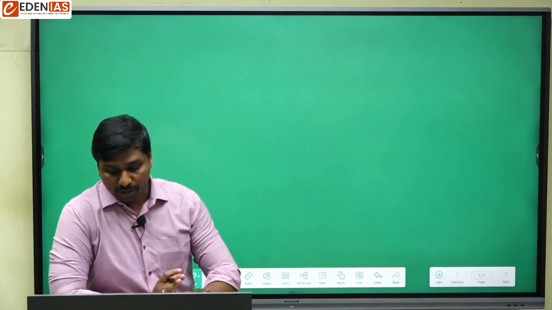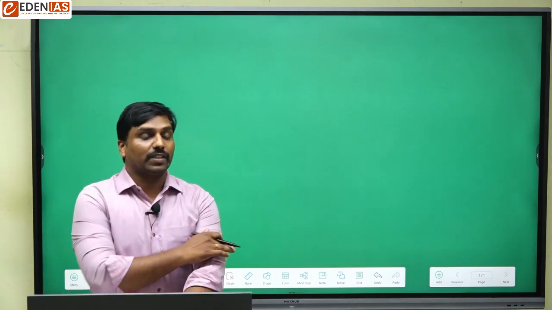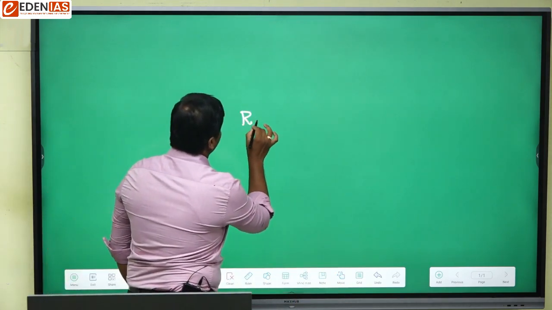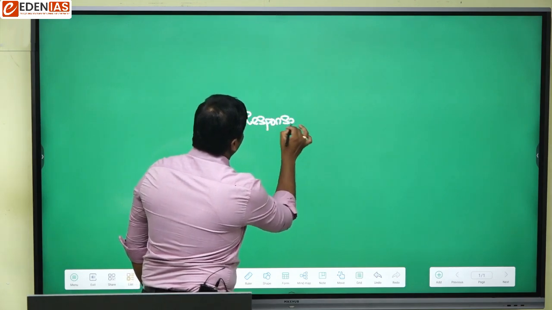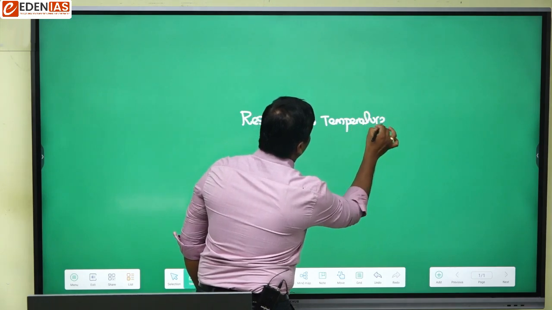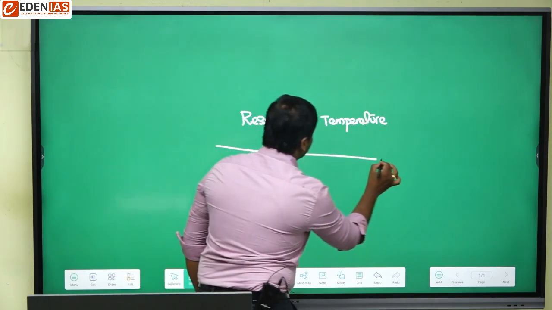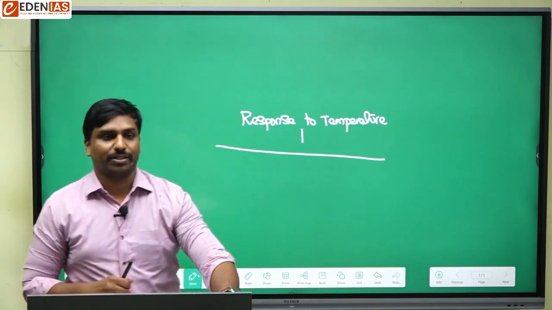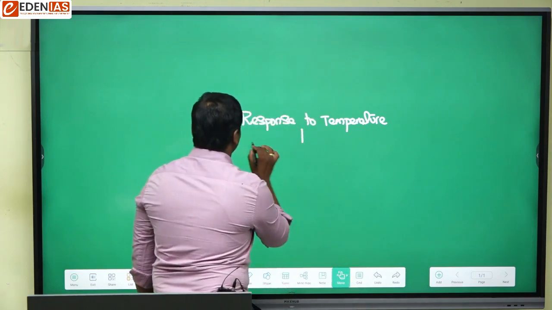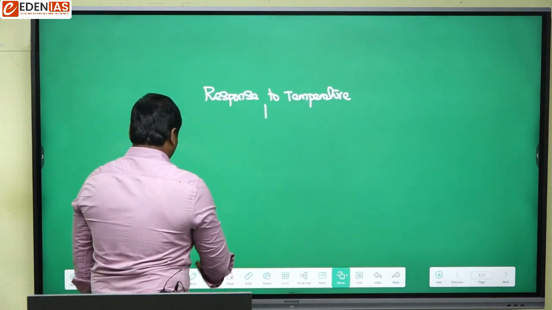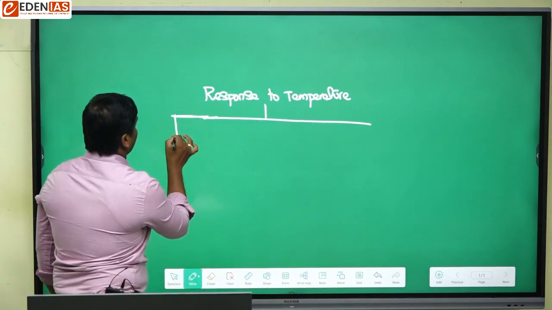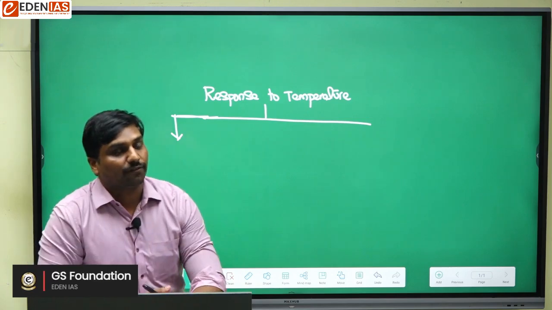Okay, then response to temperature. What would be the response of the organisms to temperature? So based on this, we can have different responses. What kind of animals can we see based on the temperature? Here we can see different types of responses.